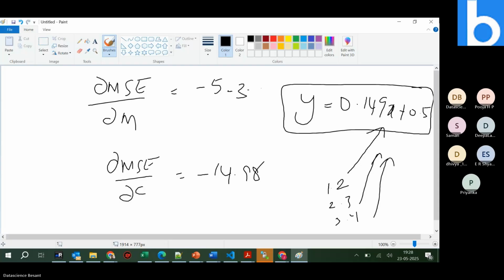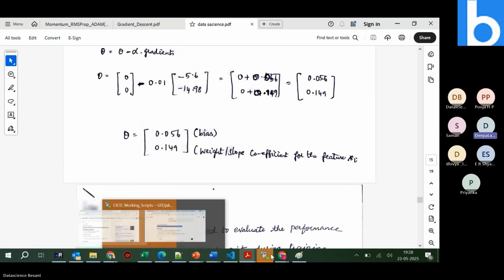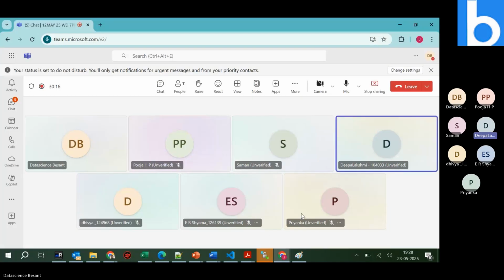Got it? Okay, sir, but for how long do we have to keep on updating the values for M and C? Until your loss function or cost function is very minimal, because your algorithm is learning now.